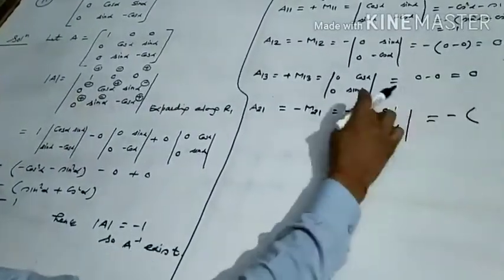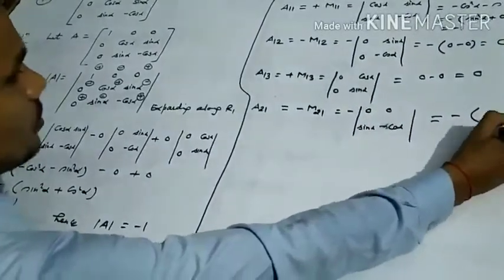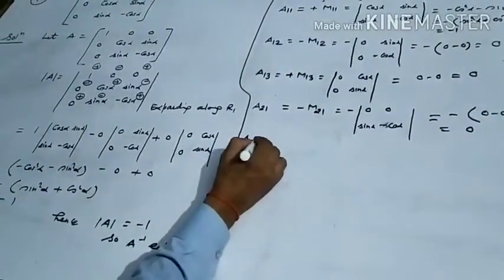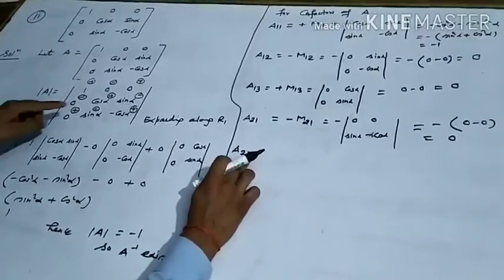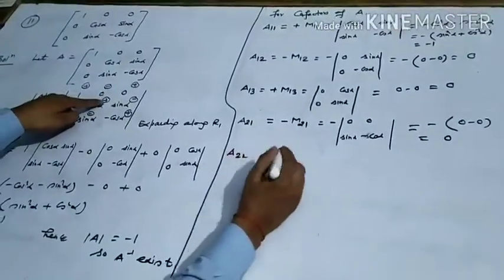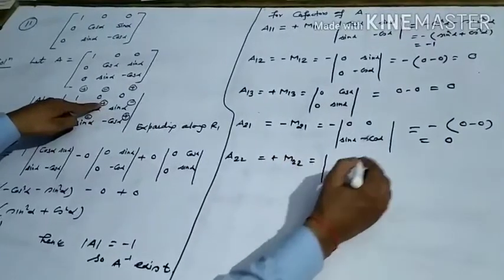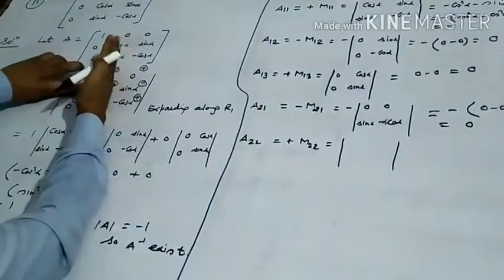This is minus 0 multiplied by this, and 0 multiplied by this is again 0, so this is simply 0. Now A22, the cofactor of the element of the second row and second column, which is cos alpha, is minus 1 to the power 2 plus 2, which is plus, times M22, which is equal to the subdeterminant after leaving the second row and second column.